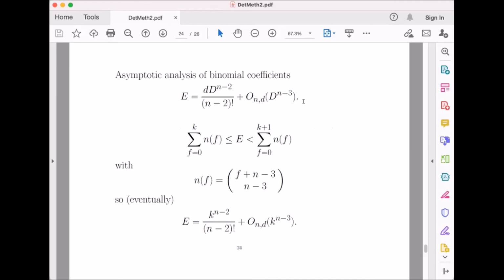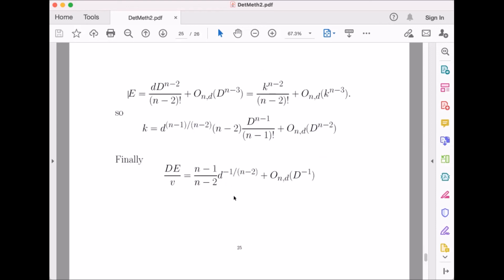Here's the asymptotic analysis of how the E looks. This is actually the size of E that you need in terms of this parameter K. Let's skip through this. When you do all this, you find that the key quantity involves this expression here, which is the one that occurs in theorem 1.